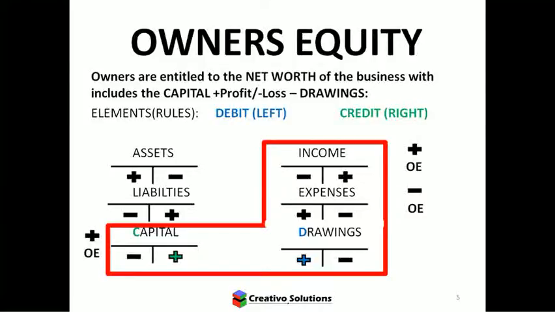And then the final rule is for drawings. Drawing starts with a D, debit starts with a D. We know drawings will increase on the debit. If we're looking at drawings as a definition, the more I draw from the business, the less I'll be worth. So when drawings increases, your owner's equity will decrease. And those are the most important accounting rules. And if we know where the pluses and minuses are, we'll be able to apply that to different scenarios.